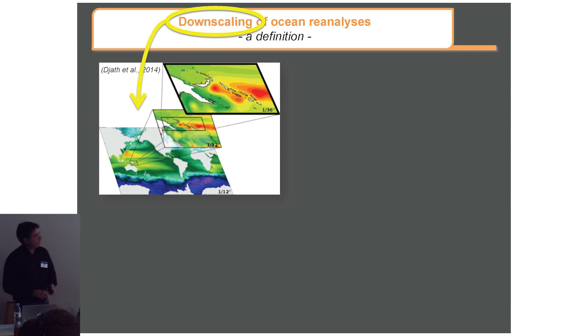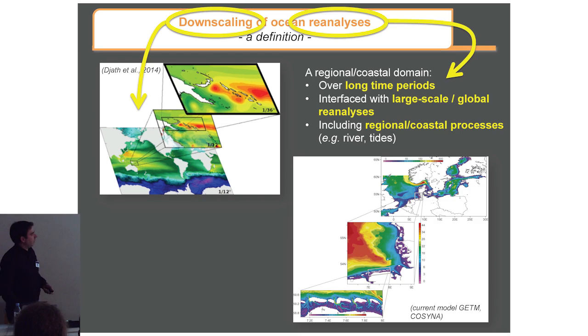First, the downscaling of ocean reanalysis. When I'm talking about downscaling here, I'm just talking about getting to higher resolution. This is an example where we go from 1/12 of a degree in a subdomain to a finer fraction of a degree. The other part is the reanalysis. The reanalysis means that we are not dealing with one or two months of simulations. We are dealing with several years, or long periods.